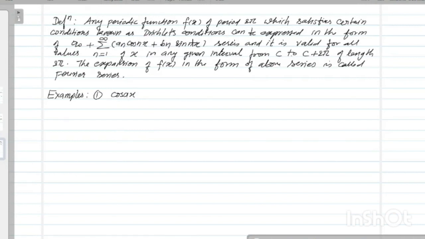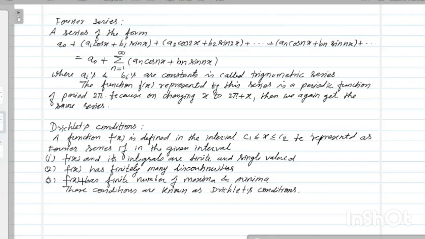The conditions are known as Dirichlet conditions. The first condition is that f of x and its integral value are finite, and it is a single valued function. And f of x has finitely many discontinuities, and f of x has a finite number of maximum and minimum points.